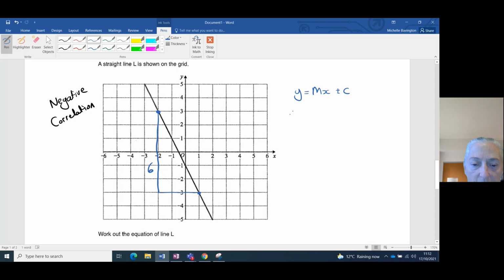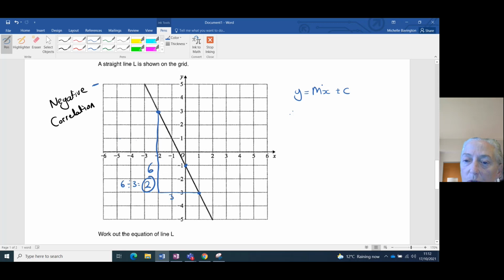And we've got 1, 2, 3. So 6 divided by 3 equals 2. Now it's negative. So when you've found that, you must make it negative, because it's a negative correlation. And the y-intercept is going through -1.